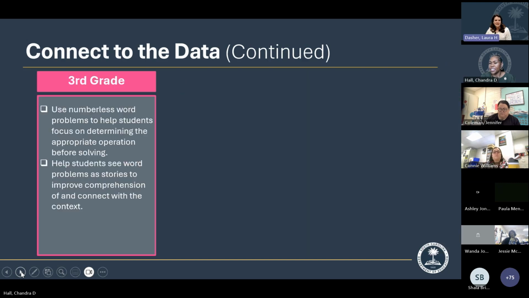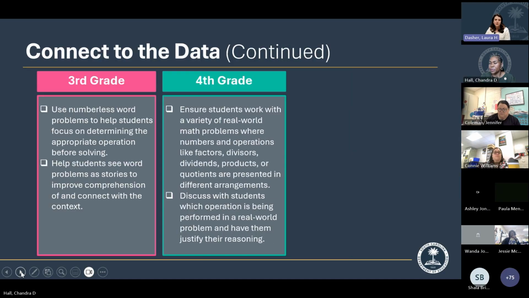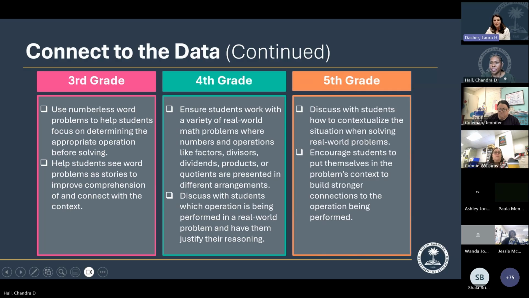Connecting to the data continued, these were the points made at each grade level as they relate to real-world math problems, word problems. I'm not going to read each one for you, but I do want to point out one from 3rd and one from 4th grade: using numberless word problems, and ensuring students work with a variety of real-world math problems where numbers and operations are presented in different arrangements.